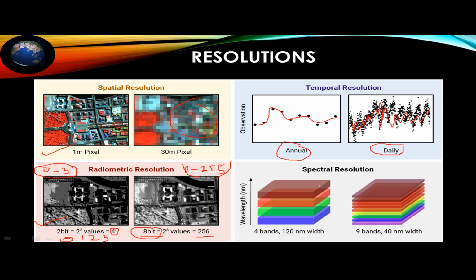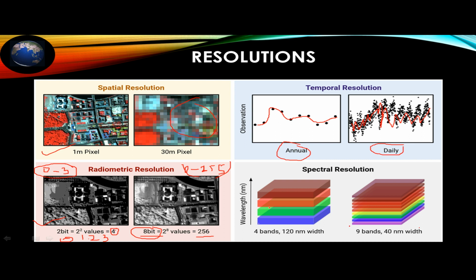Then the spectral resolution is about the wavelength variation, how narrow the bands are. Here there are four bands: blue, green, red and near infrared.